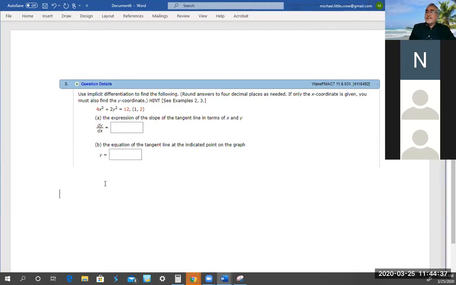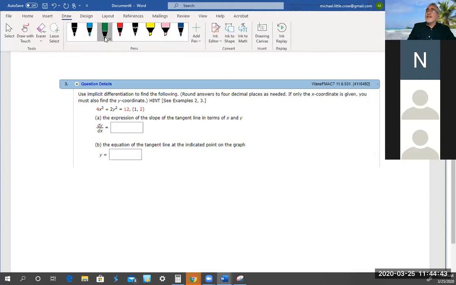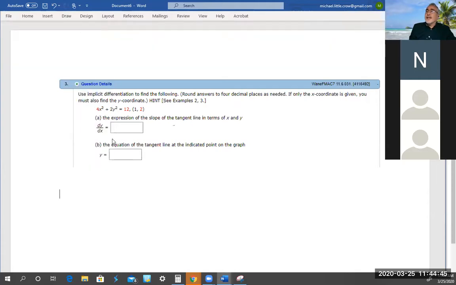Okay, so, and again, the key part is to see what it is that they're asking us to solve for. So they want dy dx, and then they want the equation of the tangent line. Okay, so 4x squared plus 2y squared equals 12.